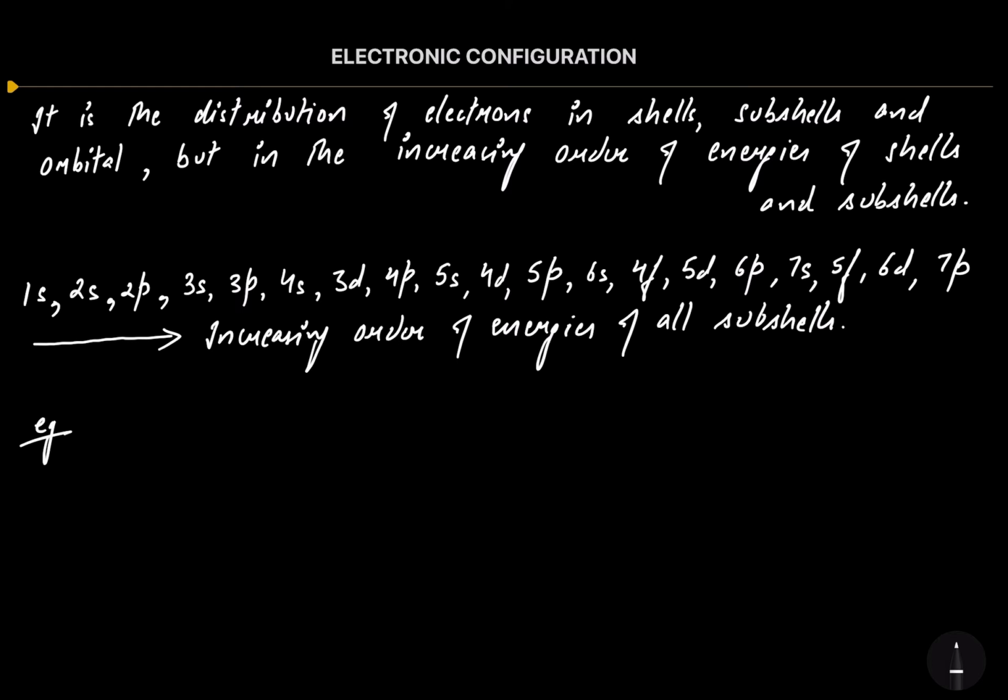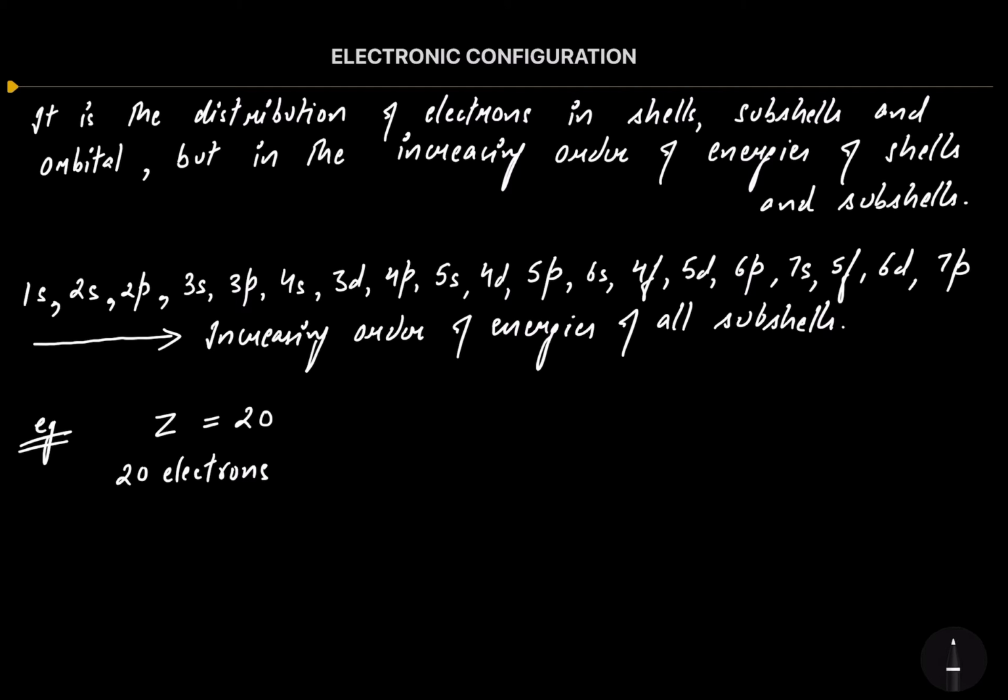We have to write the electronic configuration of atomic number 20. That means we have 20 electrons that we have to fill in the various subshells.